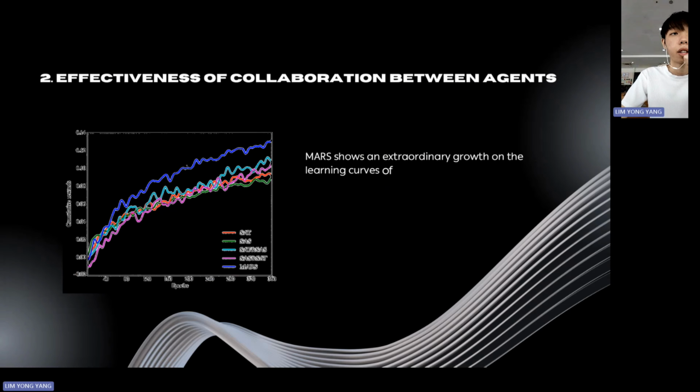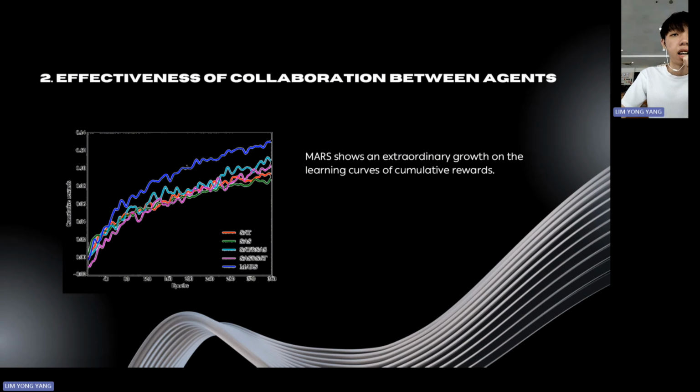The second thing is the effectiveness of collaboration between agents. We can see in the different scenarios here, the blue line is the Mars structure, and it has a significantly higher learning curve than the others. So we can say that Mars shows an extraordinary growth on the learning curves of cumulative rewards.